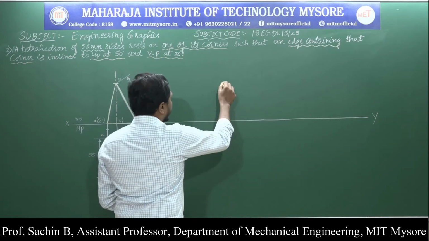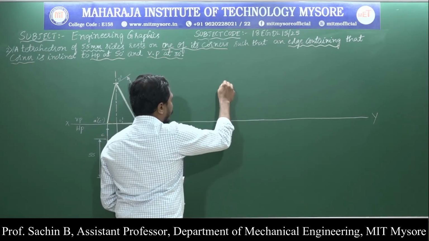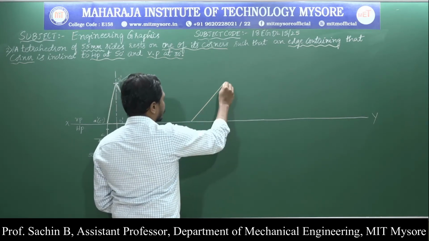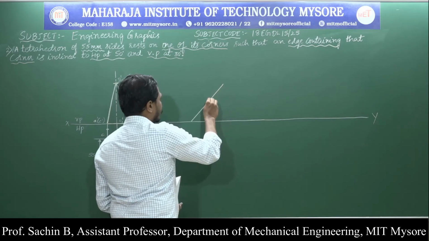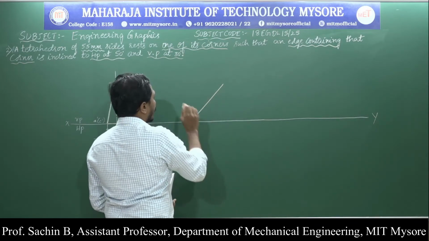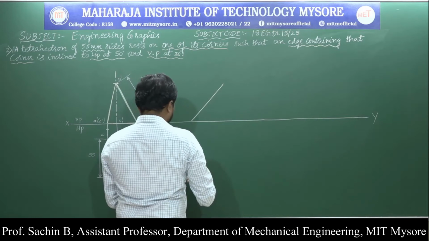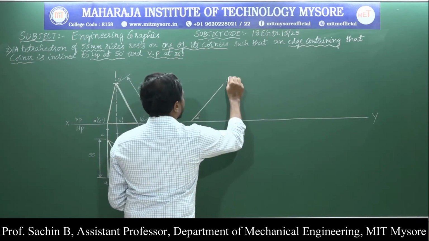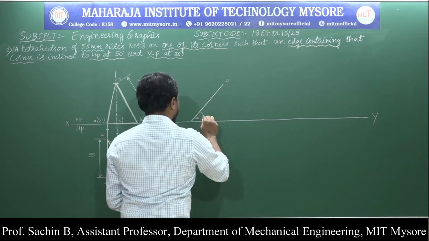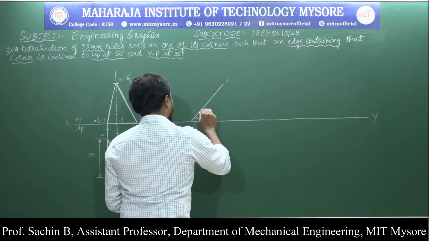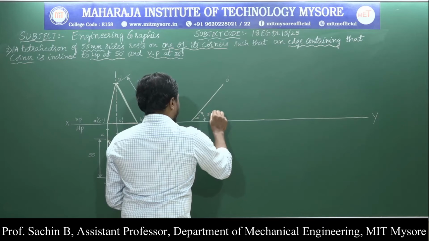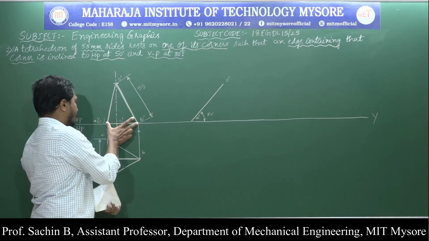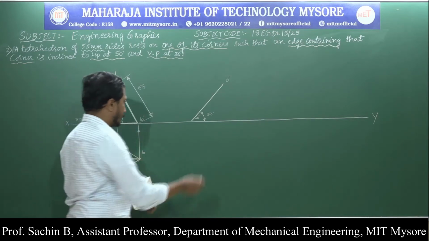I am going to draw an inclined line at an angle of 50 degrees. I am going to call this the B dash point and this point the O dash point. Now I am going to measure from B dash to A dash to get the base part.